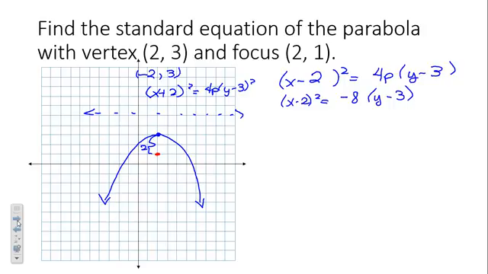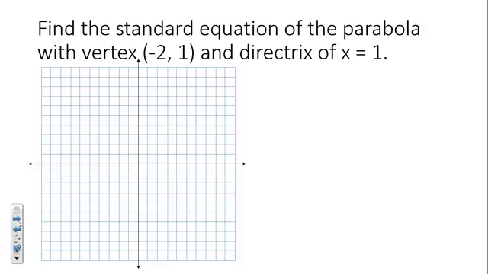All right, next example. Now we're giving you a vertex and a directrix. So we don't have the focus this time. So we start with vertex at -2, 1, and directrix of x equals 1.